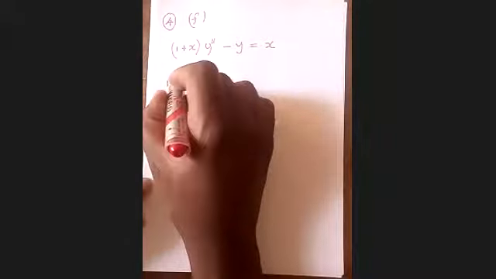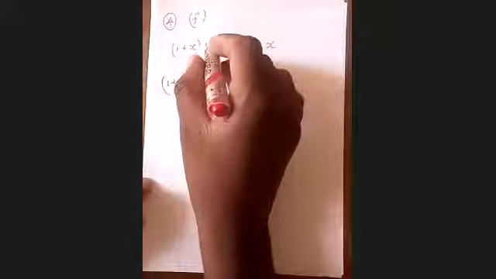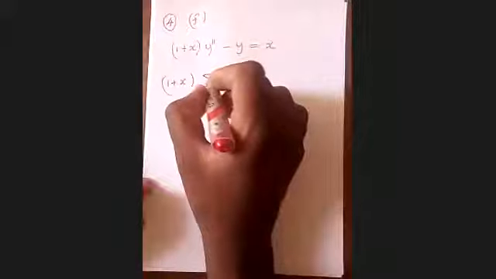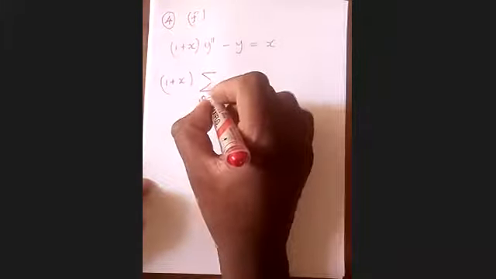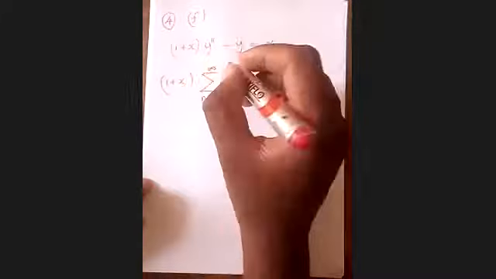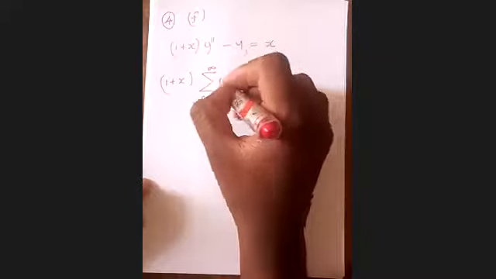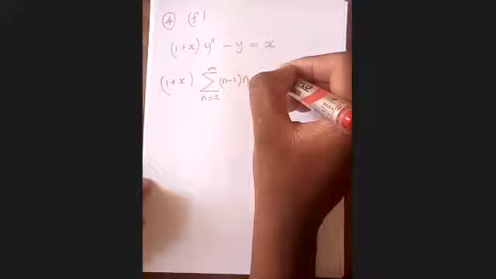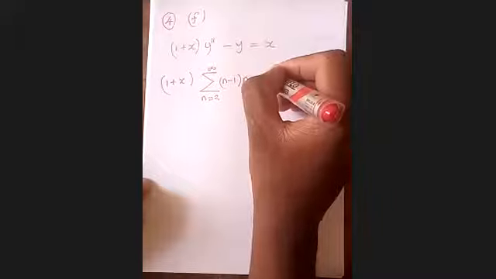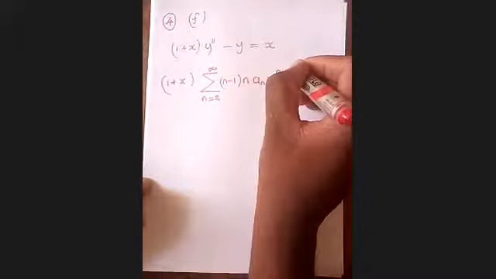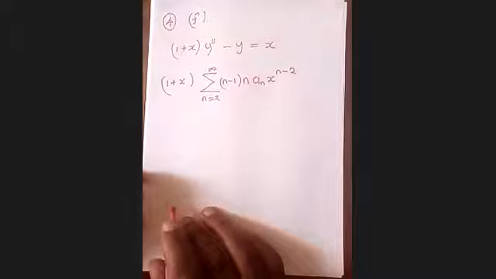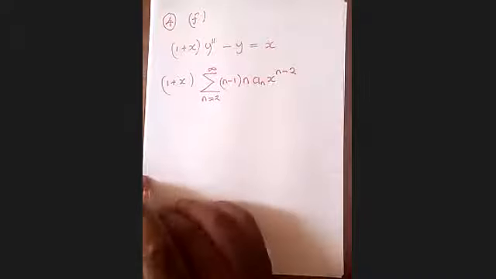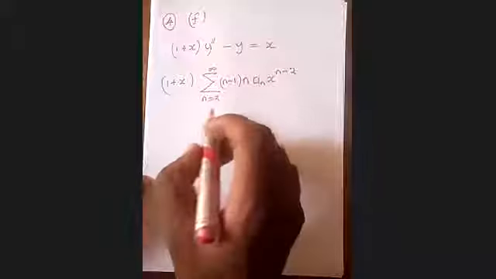So this is 1 plus x. What is y double prime? We are familiar with y double prime. It is the summation n is equal to 2 up to infinity of (n minus 1) n a subscript n x to the n minus 2. That's if y is a power series of the form y is equal to summation a n x to the n, then this is y double prime.